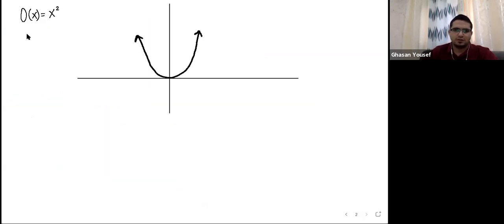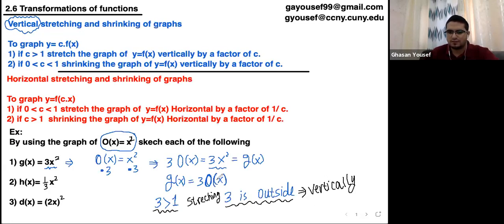So now I'm going to graph g of x equal 3o of x. For 3o of x, we have to do a vertical stretching of the original function o of x.